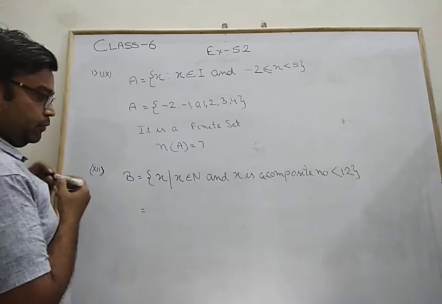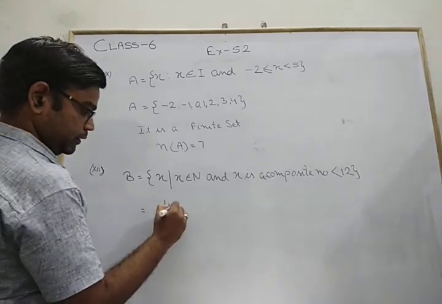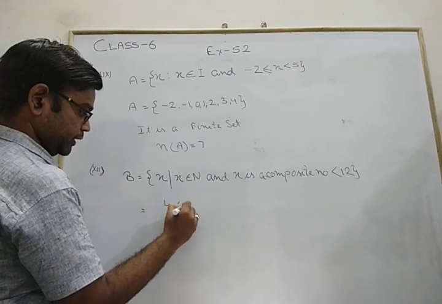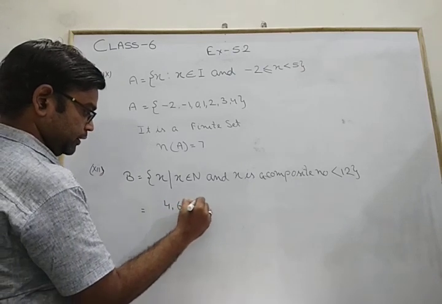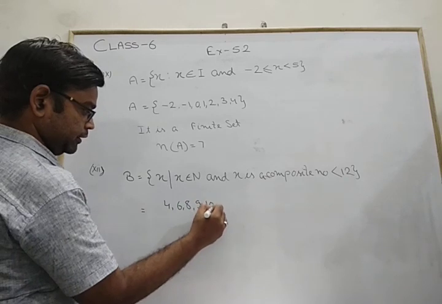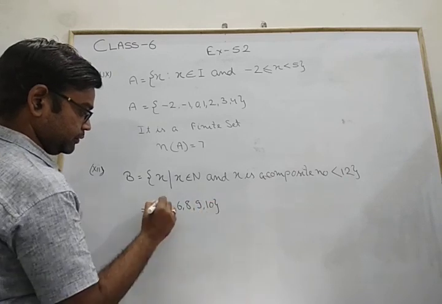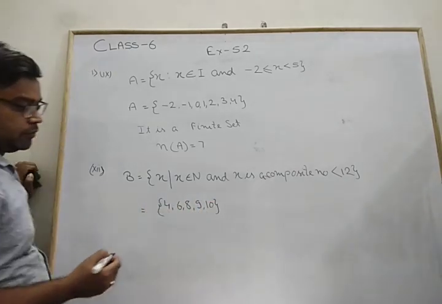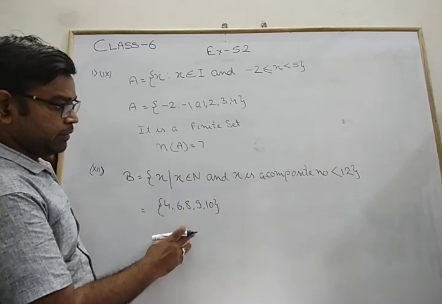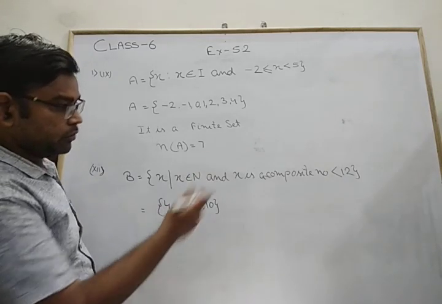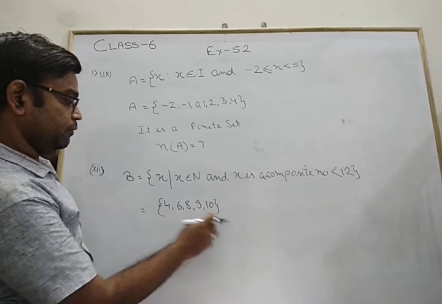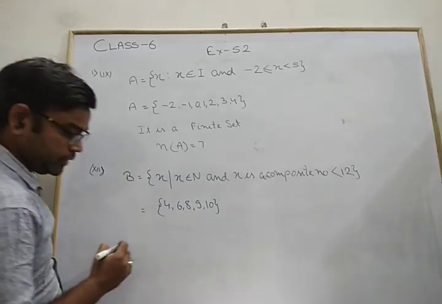Then 4, then 6, then 8, 9 also, and 10. 5, 7 and 11 are prime numbers. 12 is not included. So we have a finite set.